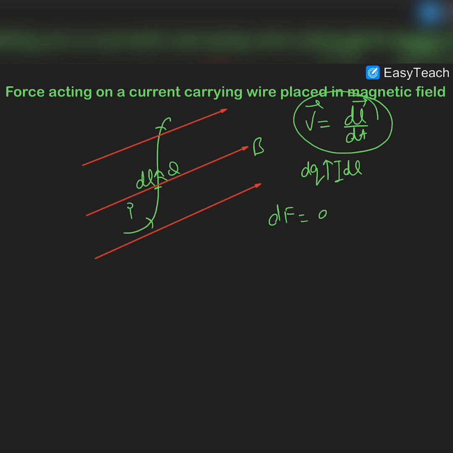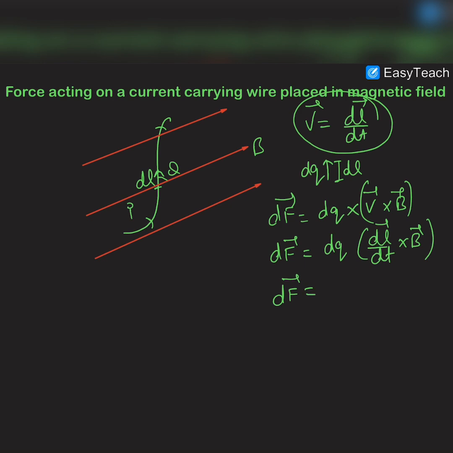So q in this case is dq, and if we write it in vector form, the force is q v cross B. So dF will be equal to dq into (dl by dt) cross B, and dq by dt can be written as I, so it would be I dl cross B. So this is the force acting on a small current carrying wire of length dl.